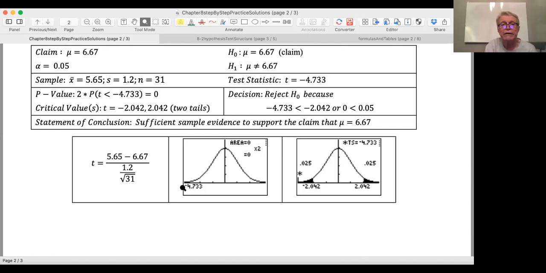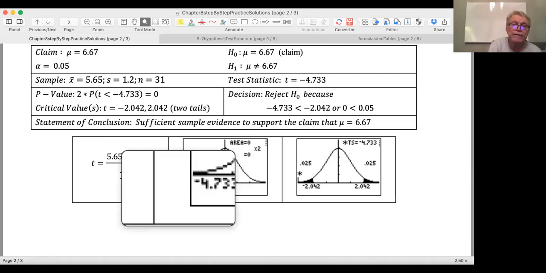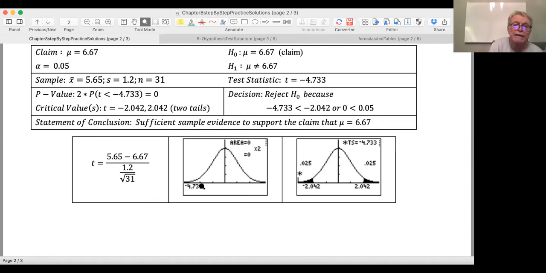And we find the area underneath the curve farther from the mean than the test statistic. So way out here, area underneath the curve, way out here. And that's going to be very small. And because this is a two-tailed test, once we find the area farther from the curve than the test statistic, we have to multiply it by 2.